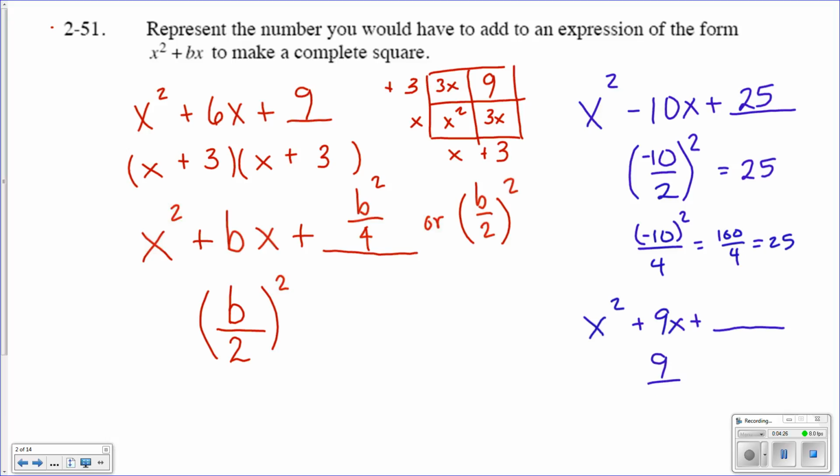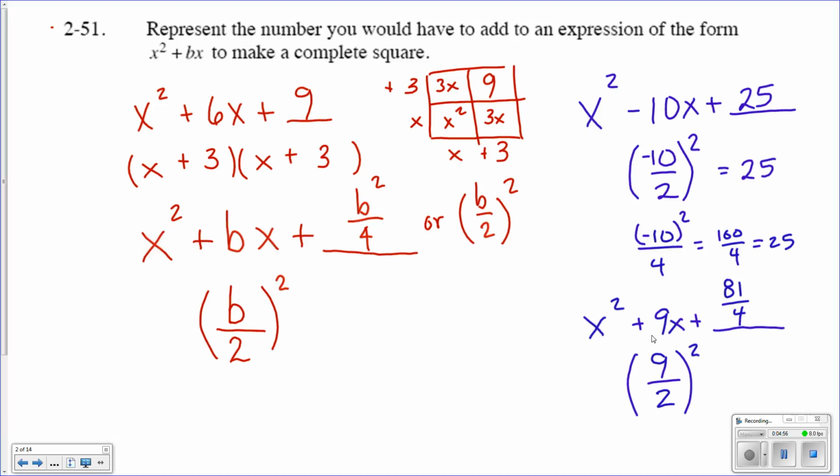Take 9 and divide it by 2, so it's in fraction form now. Don't even worry about turning it into a decimal. It's probably easier to square 9 and square 2 than it is to square 4.5. So 9 squared gives us 81 in the numerator, and 2 squared gives us 4.